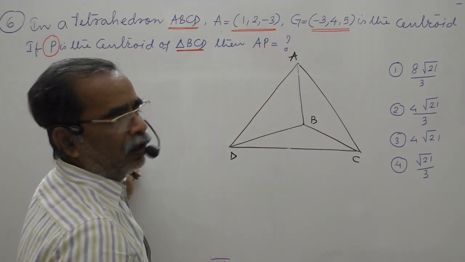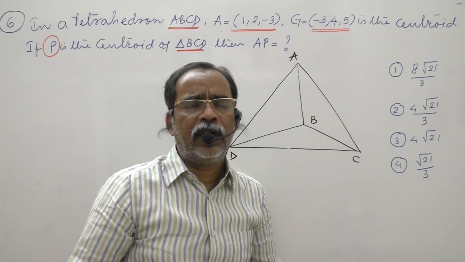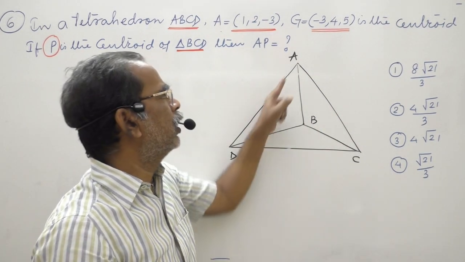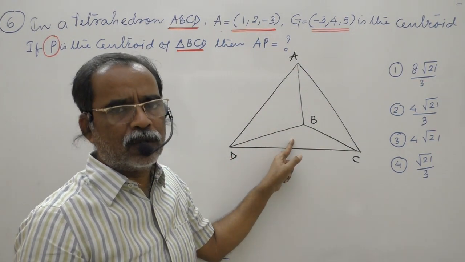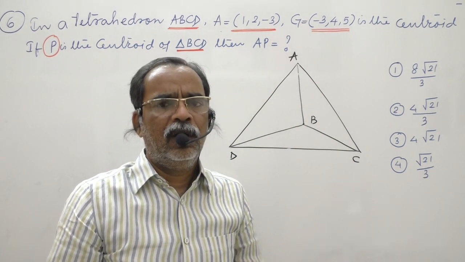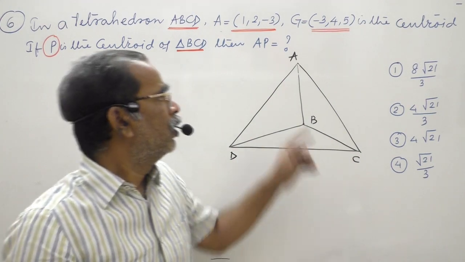So here vertex A is given, and the centroid is given. What is the centroid of a tetrahedron? By definition, it is the point of intersection of the lines joining a vertex and the centroid of the opposite triangle. This tetrahedron will have 4 faces, all triangles.